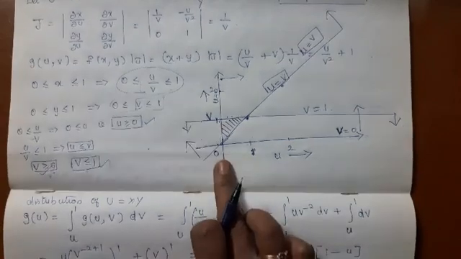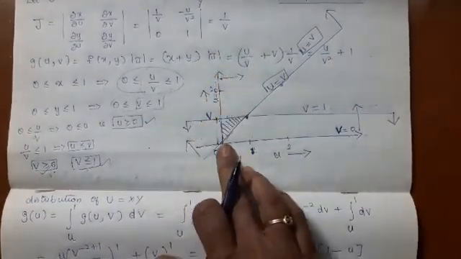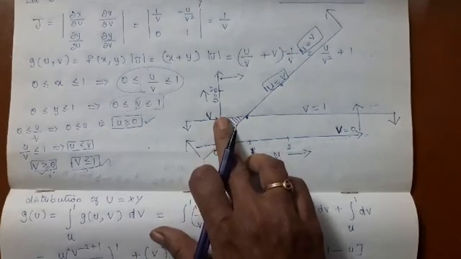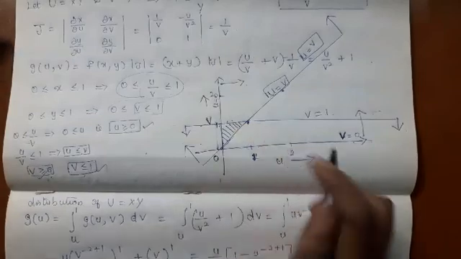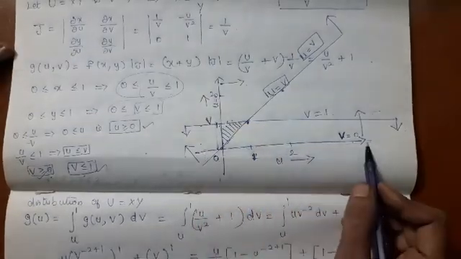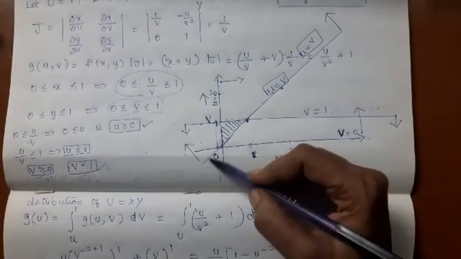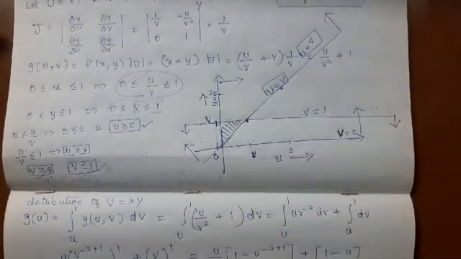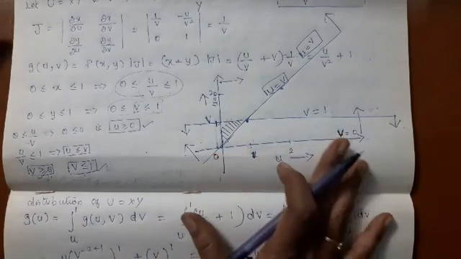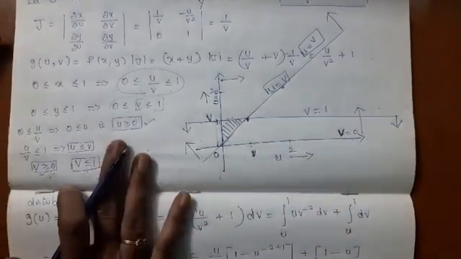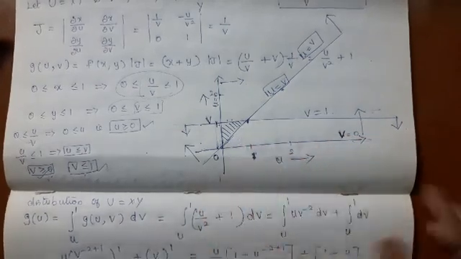U equal to 0 is this line. On this line u is 0. So u is equal to 0 is this line, and this line is v is equal to 0. This line is v is equal to 1, and this line is u is equal to v. By plotting all these lines and identifying the region as given by the inequality, you will get the range of integration. Okay, thank you.